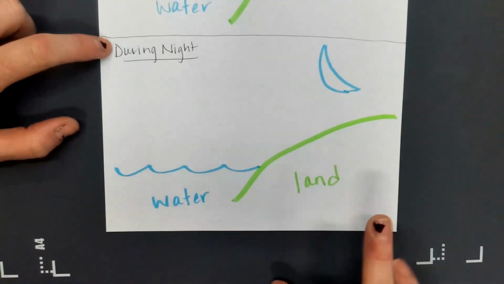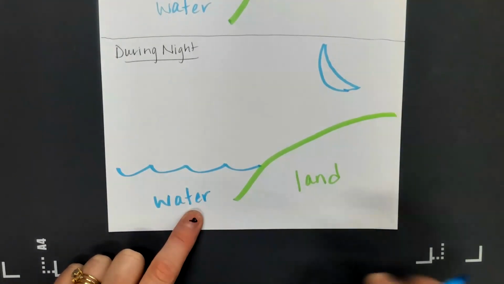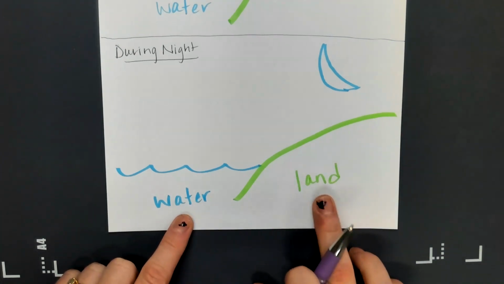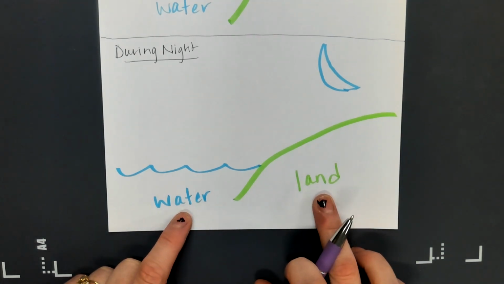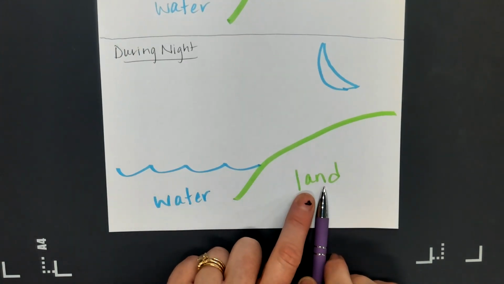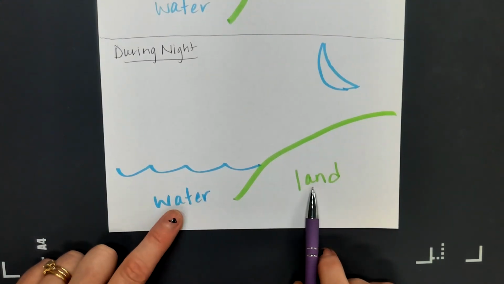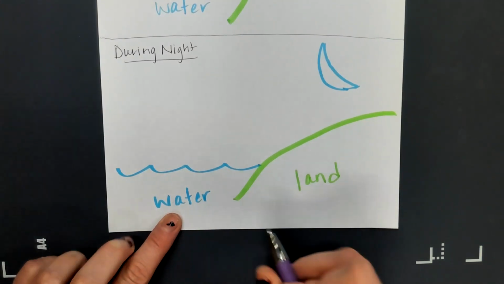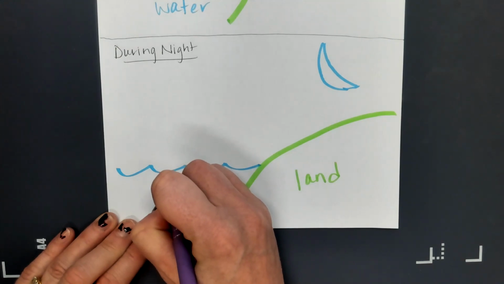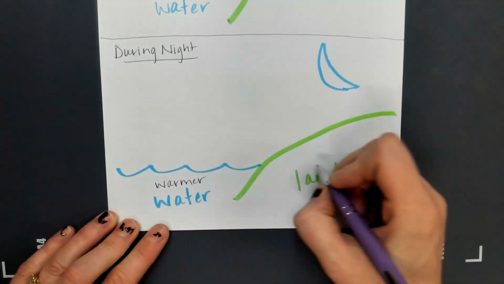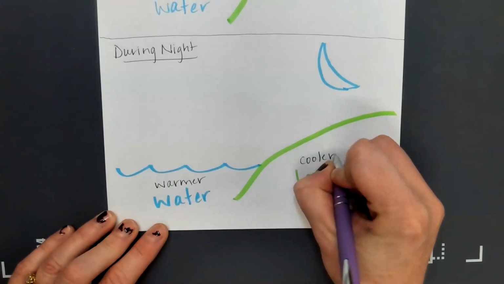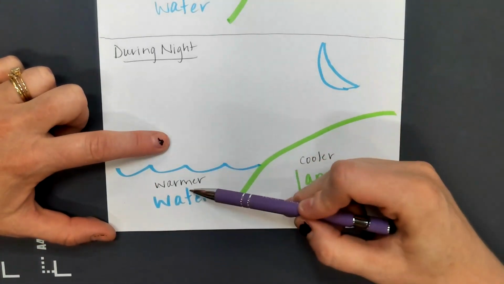So at night, who's warmer, land or water at night? What happens to land when you take away its heat? It cools off quicker, doesn't it? So who is warmer, water or land? Water at night. Your land is going to be cooler. So what happens to the air above the water?